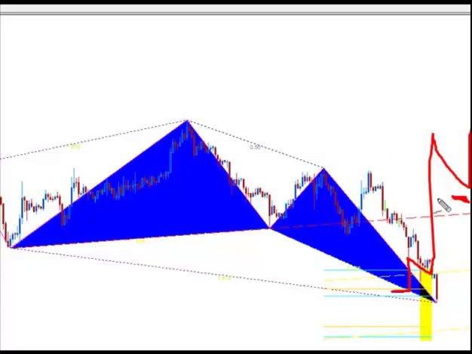You can, if you wanted, use trailing stops, although I don't know if I'd recommend that way. I like manually moving my stops personally, but you can trail a stop and, say, use the distance between the middle of the PRZ to the top of the PRZ as the range that you're going to use for a trailing stop. You can do that as well. I do know some people doing it that way.